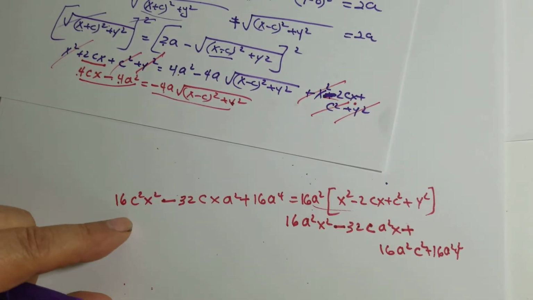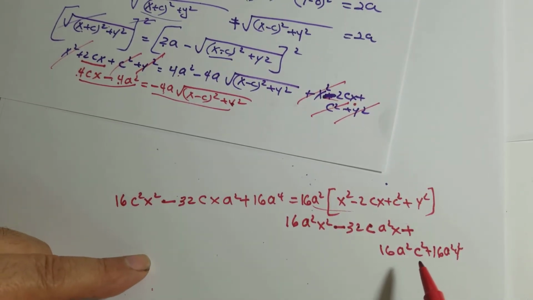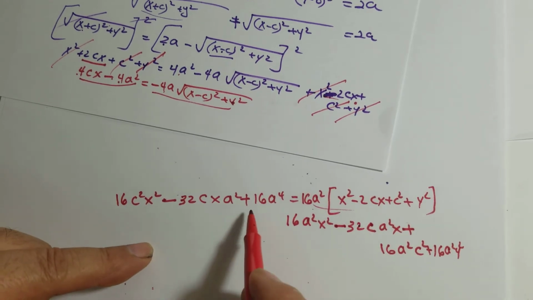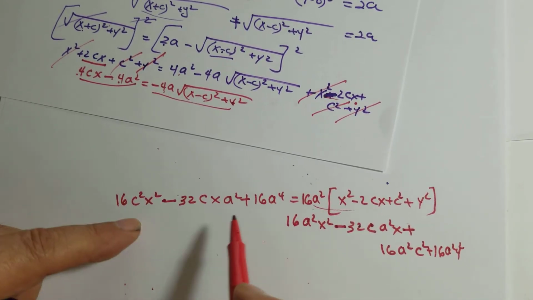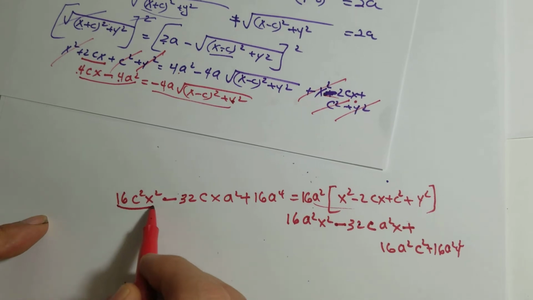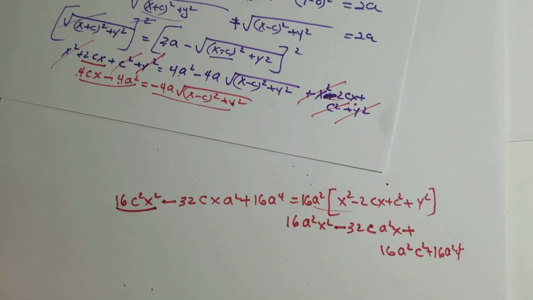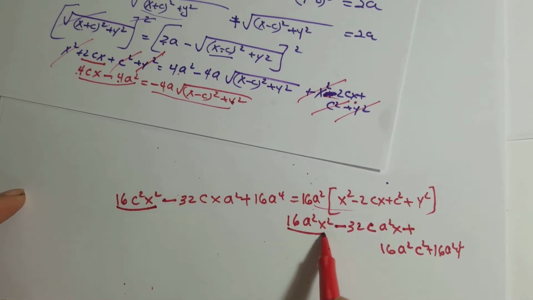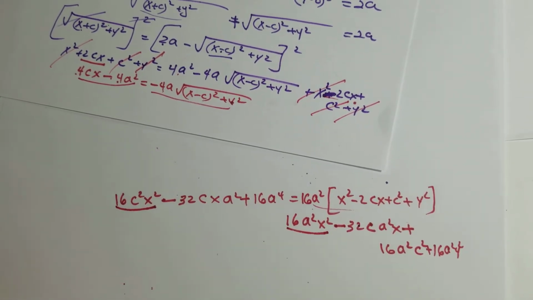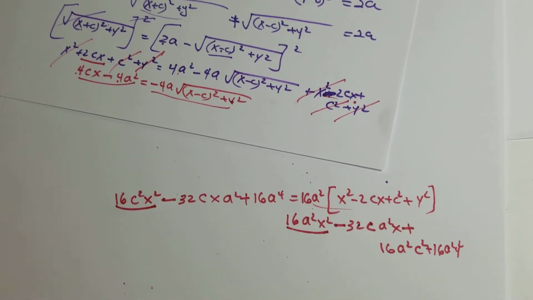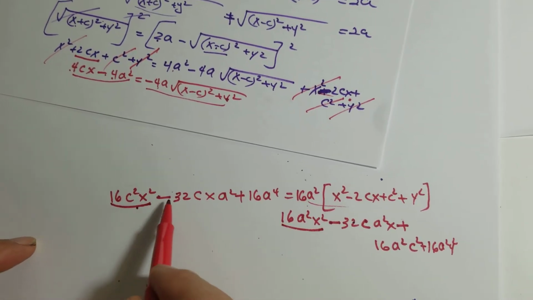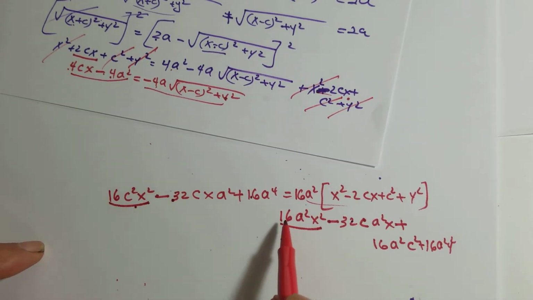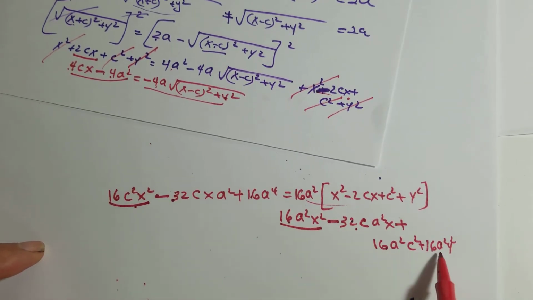Let me see what I have in here. In here I have 16c squared x squared. In here I have 16a squared c squared. I bring it to the other side. And remember, all of them have a coefficient of 16, 32, 16, 16, 32, 16, and 16.